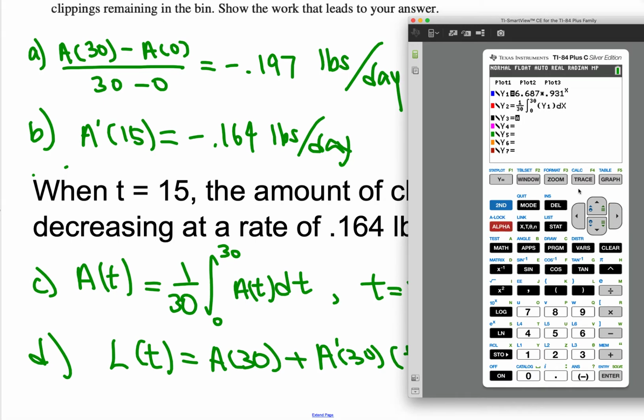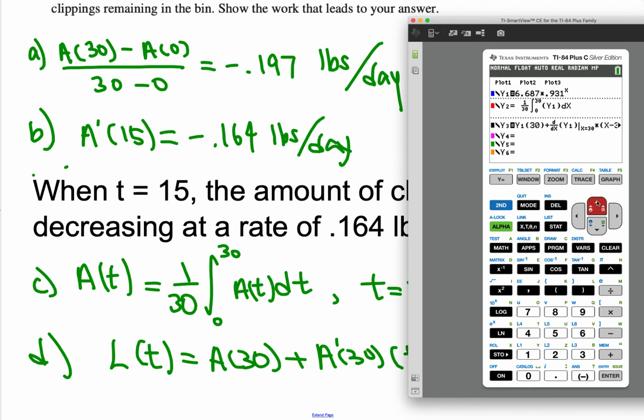So I'm going to put y sub 1 of 30, plus, and I'm going to take the derivative, math, derivative, number 8, of y sub 1, when x equals 30, and then multiply that by x minus 30.